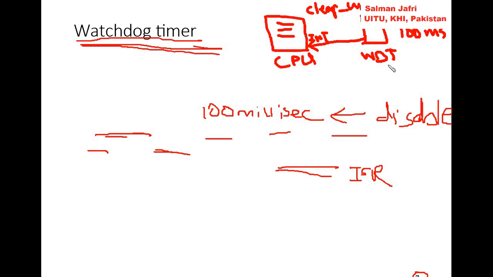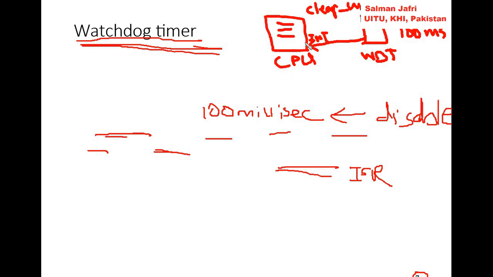Remember, the watchdog timer is an up counter like other timers. So the CPU would periodically keep executing clear_watchdog_timer. Under normal circumstances, when the CPU executes the clear_watchdog_timer instruction well before 100 milliseconds, the watchdog timer cannot overflow and cannot generate an interrupt signal to interrupt the CPU.